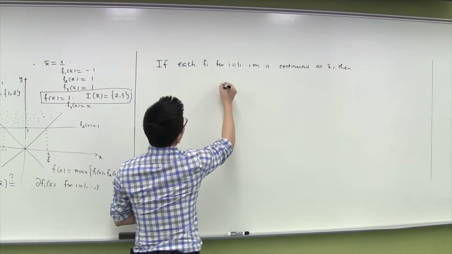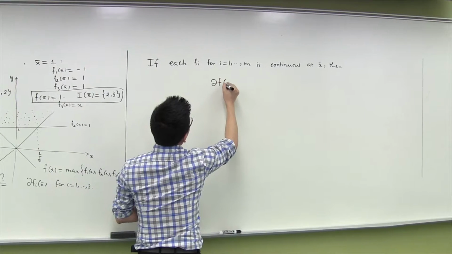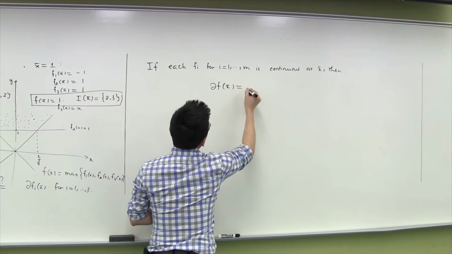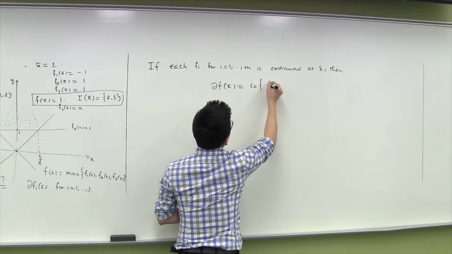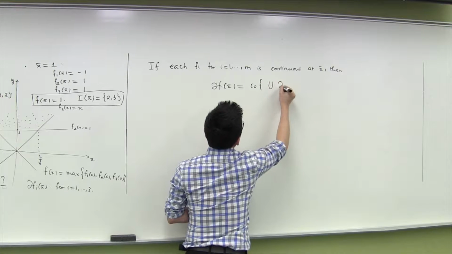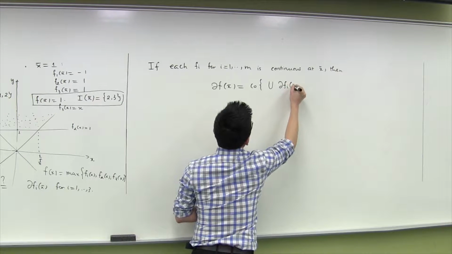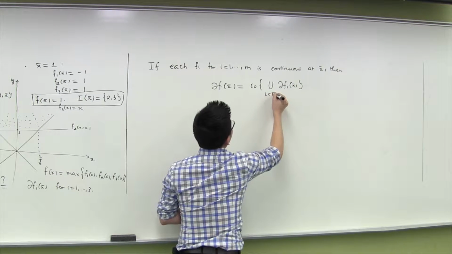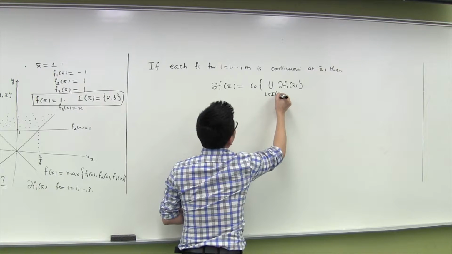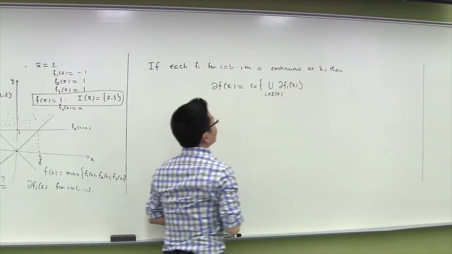The subdifferential of the function f at x bar can be represented as the convex hull of the union of the subdifferentials of fi at x bar, where i runs in the active index set at x bar.